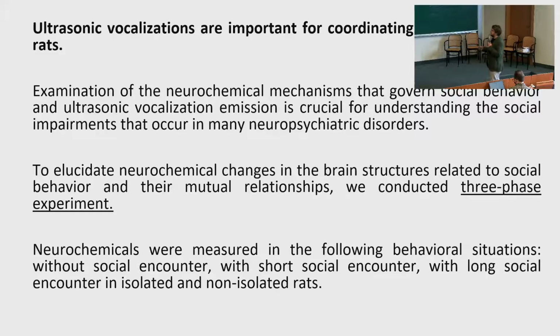To elucidate neurochemical changes in the brain structures related to social behavior and their mutual relationship, we conducted three-phase experiments. Neurochemicals were measured in the following three behavioral situations: without social encounter, with short social encounter, and with long social encounter in isolated and non-isolated rats.